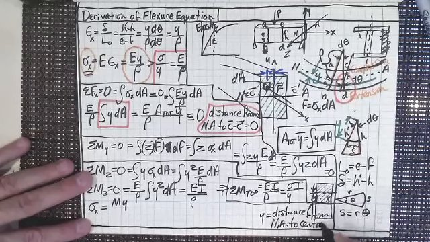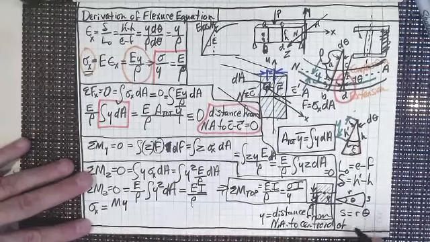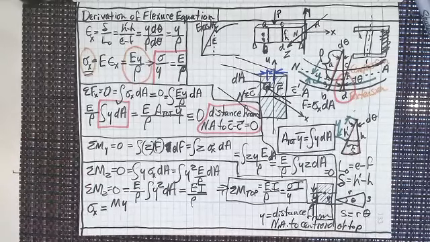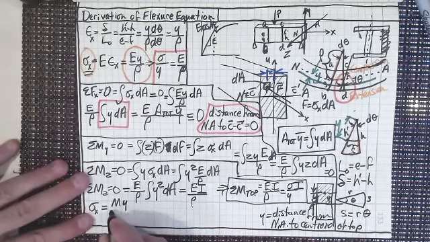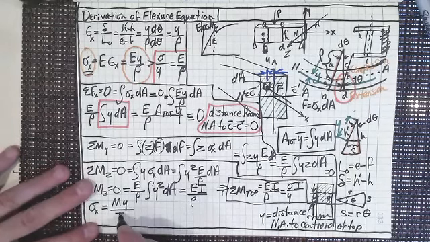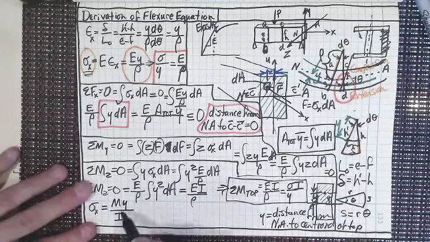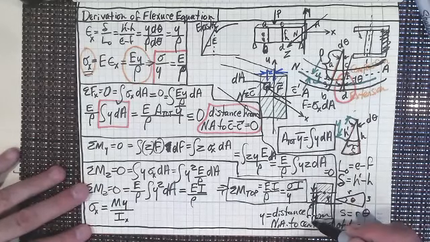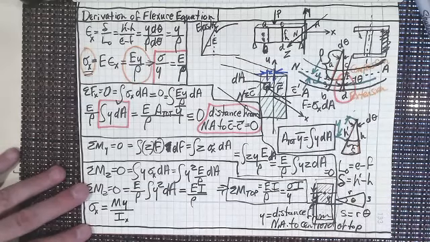Have I done that right? Yes, over I. And I of x, of course, is for the full cross section.